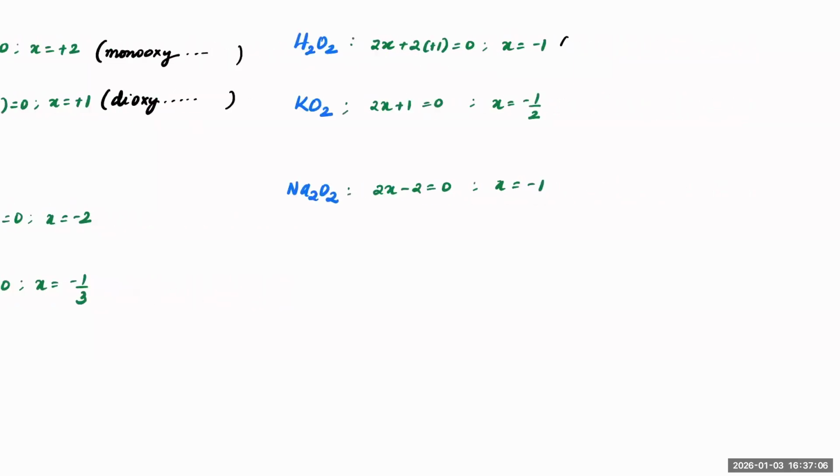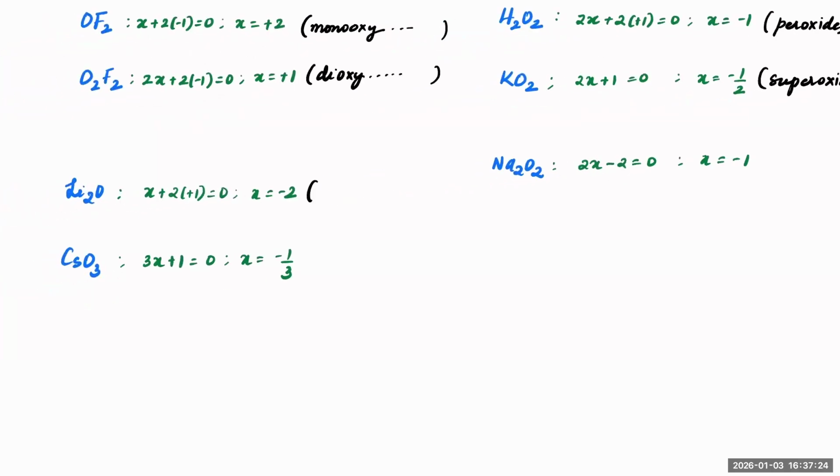If the oxidation state comes out to be minus 1, then the oxygen is referred to as peroxide, like hydrogen peroxide. If it comes to minus half, you call it superoxide, so potassium superoxide. If it is minus 2, you call it simply oxide, that means lithium oxide.